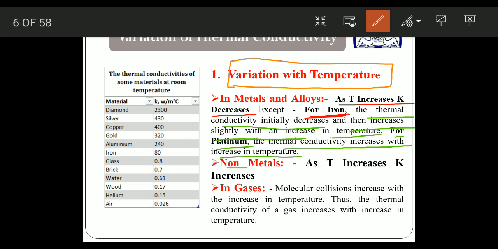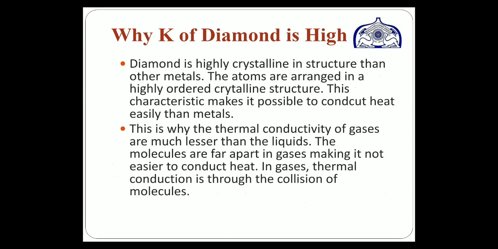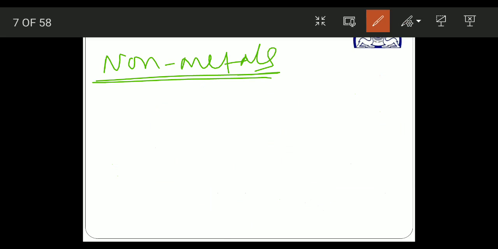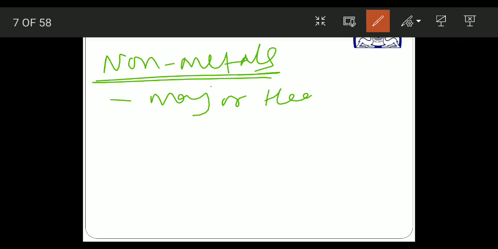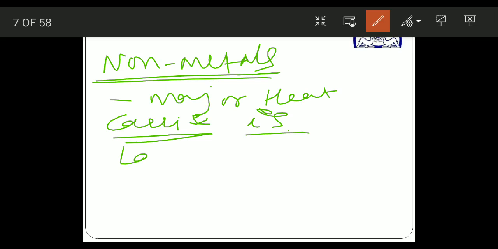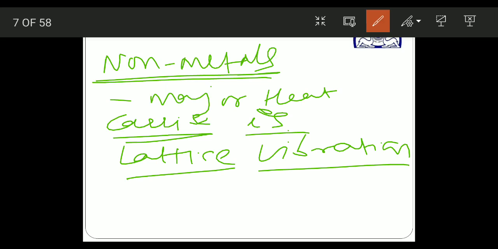Now let us consider what happens in non-metals. In non-metals, the major heat carrier is lattice vibration. The heat is carried from one point to another in non-metals due to lattice vibrations.